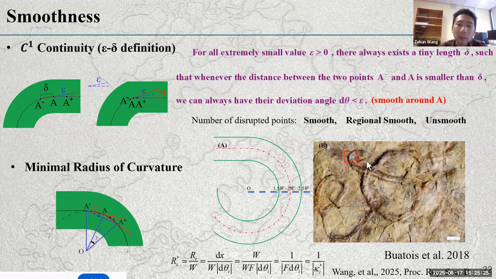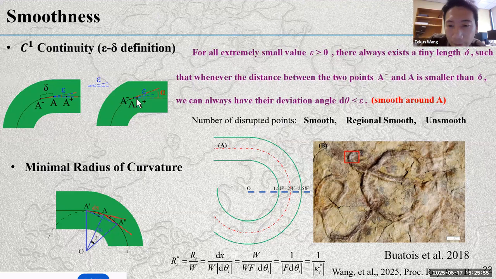Okay, for the second figure, if it has an abrupt turn where there is no derivative, so it is not smooth around A, no matter how close these two points are, their tangent lines will never overlap. There will always be an angle between the tangent lines of these two points. So it is an abrupt turn. It doesn't have a derivative at this point, so it is not smooth.